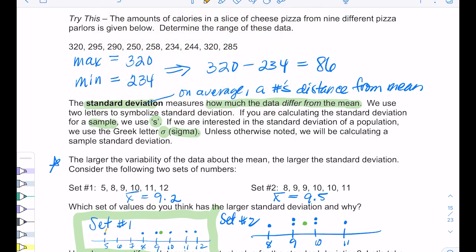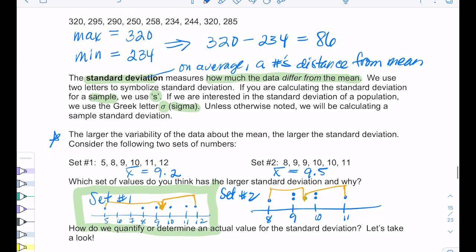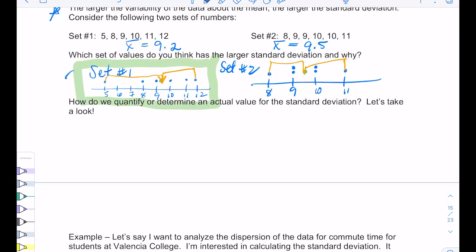If you look at 5 and its distance from the mean, compared to 8, which is the lowest value, and its distance from the mean, or 11 and its distance from the mean, it's a lot further away in set number 1 than in set number 2. So set number 1 has the larger standard deviation. And I'm going to put here, the reason is because in set number 1, the data values are farther from the mean.